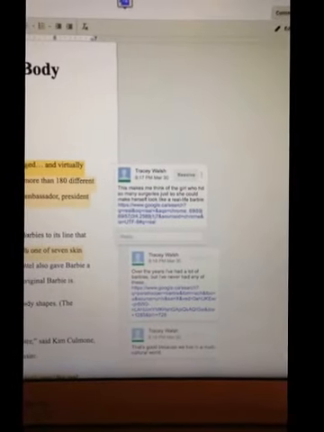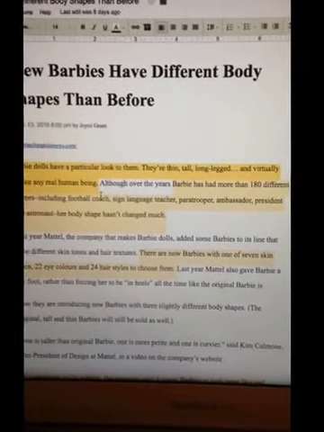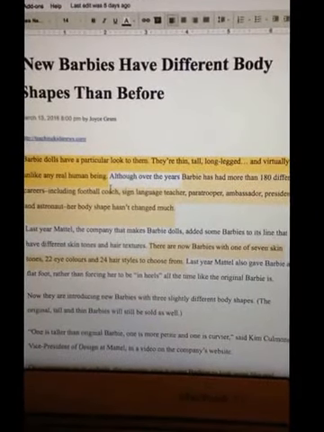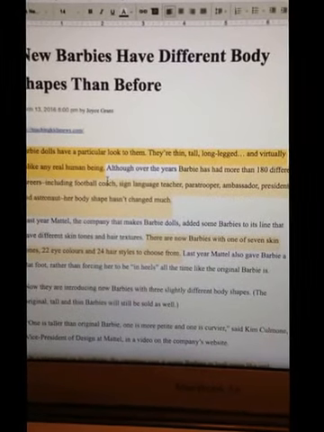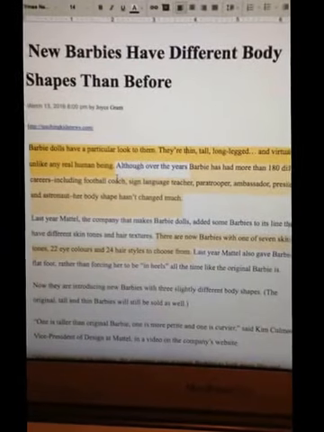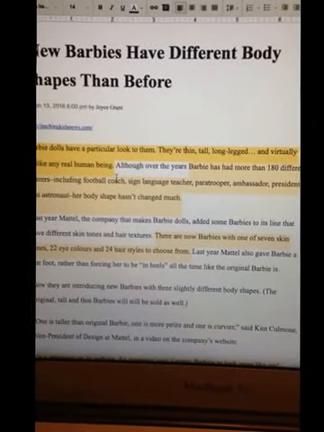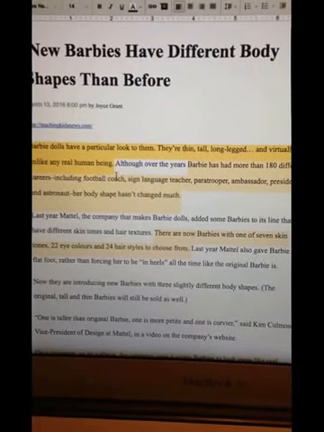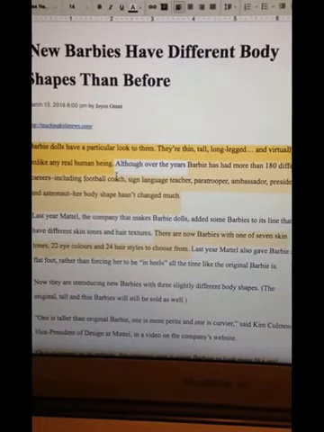Okay, so would we say that one helps you make meaning of the text, or would that be a connection that maybe is a dead end to understanding further about this idea? I feel like it makes meaning to the text because it basically explains the article and what it is saying, because the title is "Do Barbies Have Different Body Shapes Than Before?" and how they're trying to make them better.